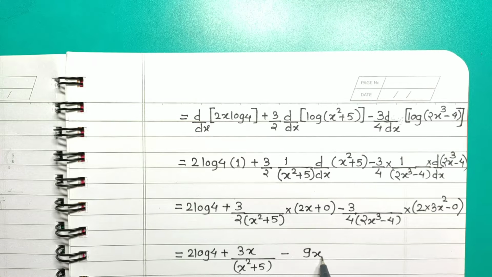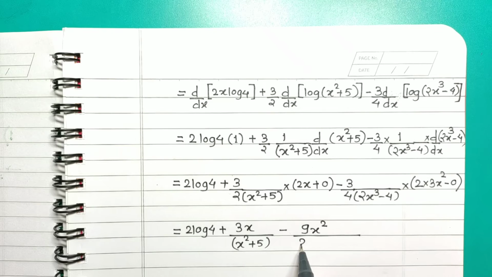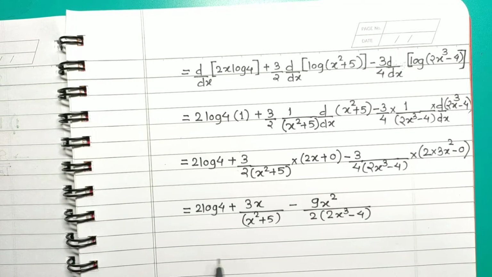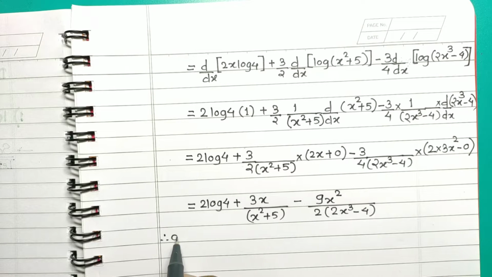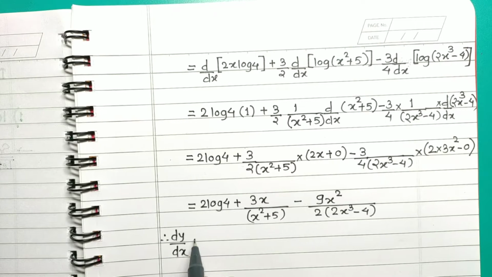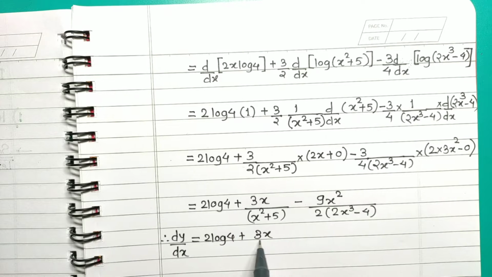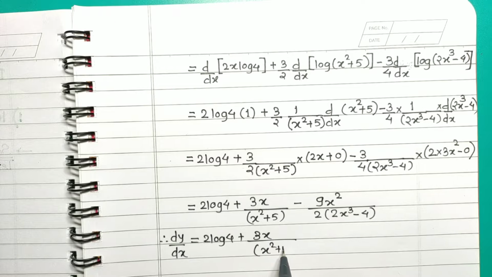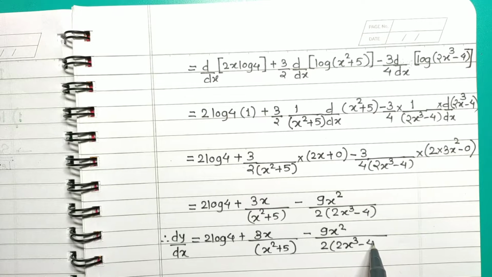So this is 9x square upon 2 into the bracket 2x cube minus 4. So finally dy by dx is equal to 2 log 4 plus 3x upon x square plus 5 minus 9x square upon 2 into 2x cube minus 4.